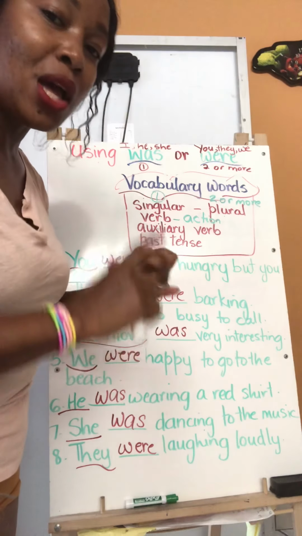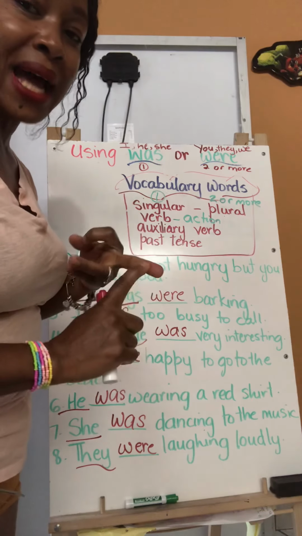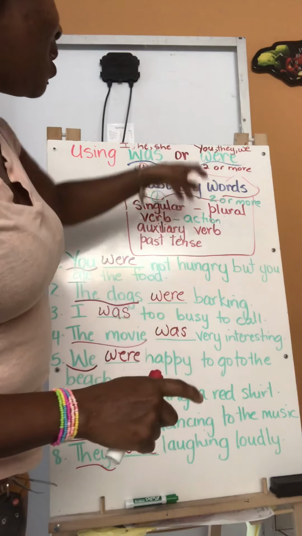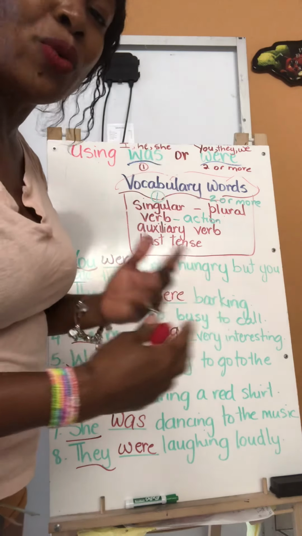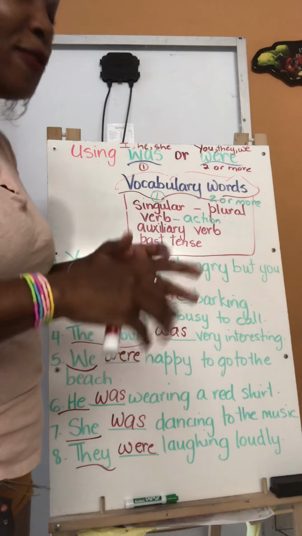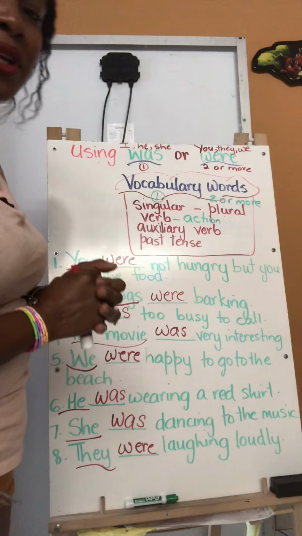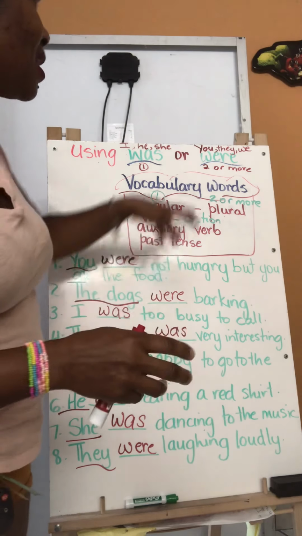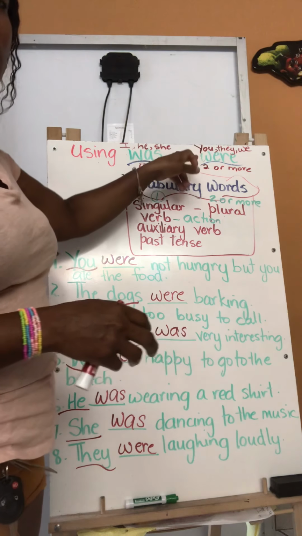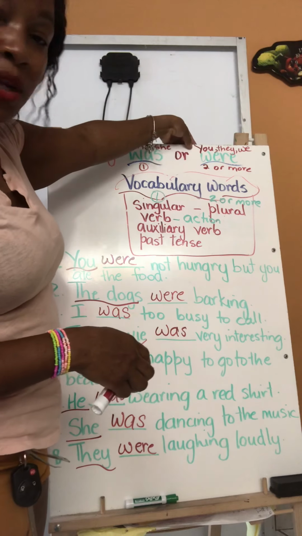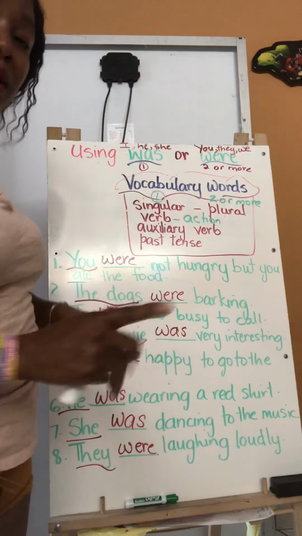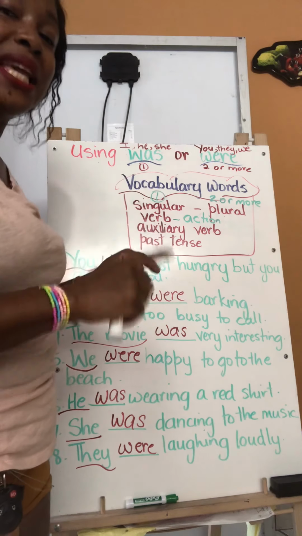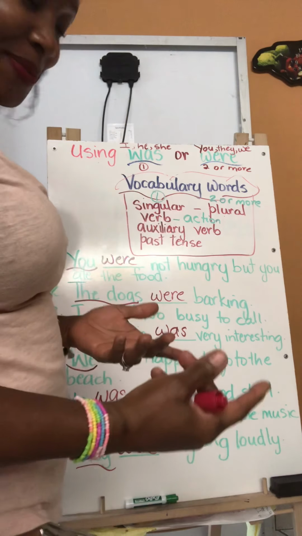One person, one place, one animal, one thing. Were we use when we're referring to more than one. So once it's 2, 3, 4, more than one person, animals, places, or things, we are using were. Remember, the tricky word is you. Even though you can refer to one person, we always say you were.